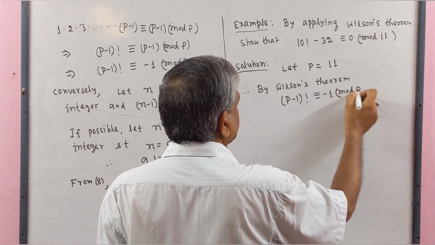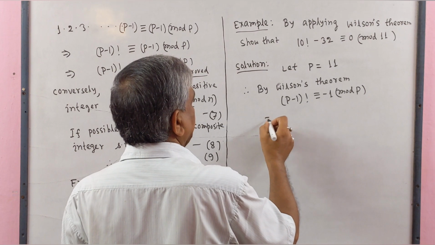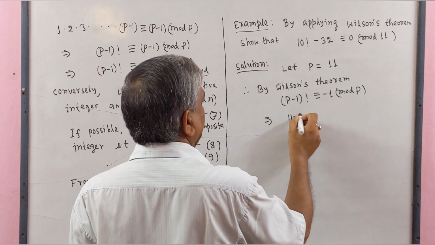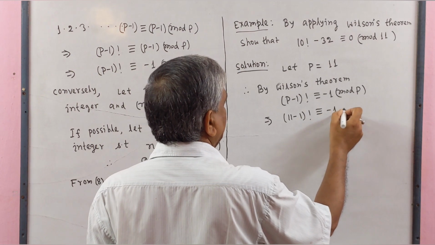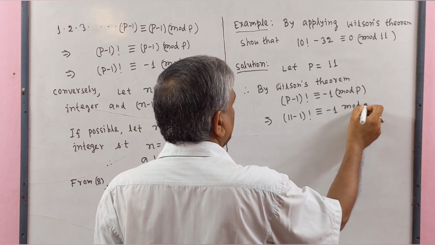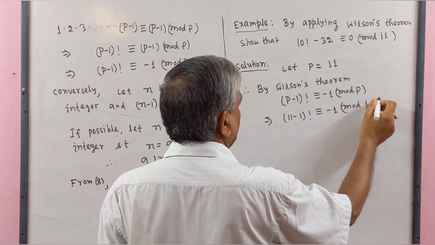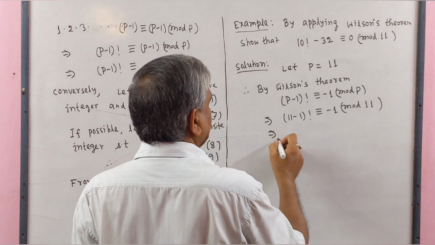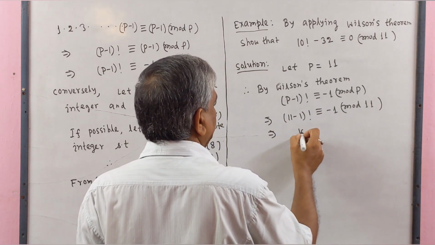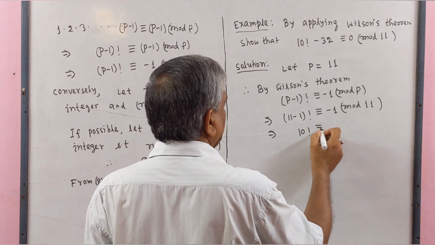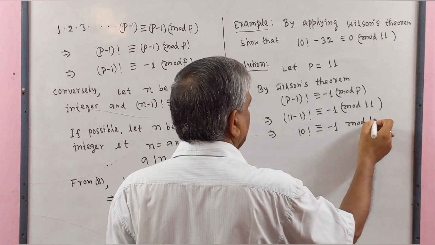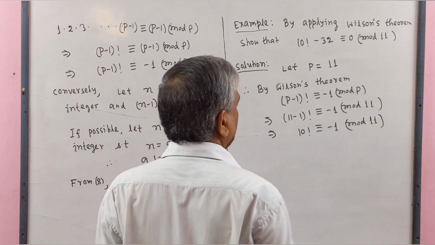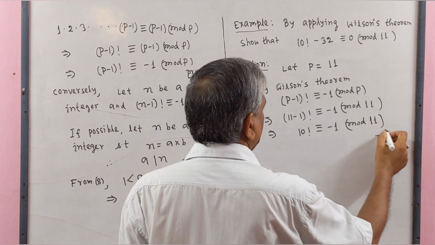Implies that factorial 11 minus 1 is congruent to minus 1 modulo 11, implies that factorial 10 is congruent to minus 1 modulo 11. This is number 1.